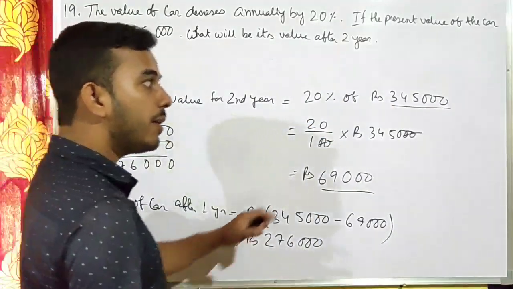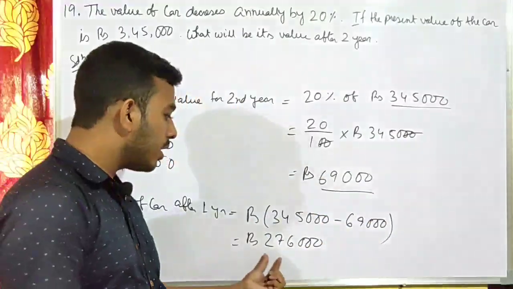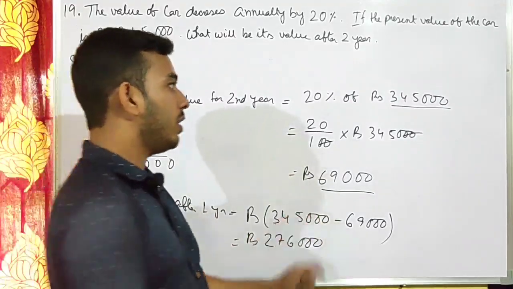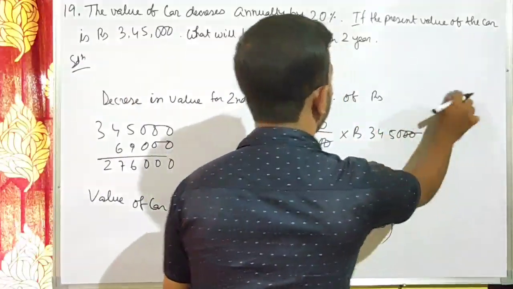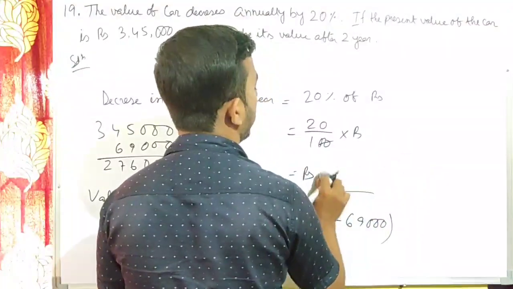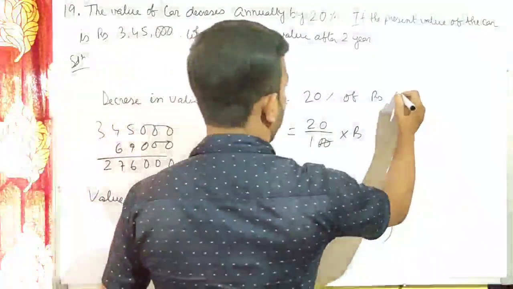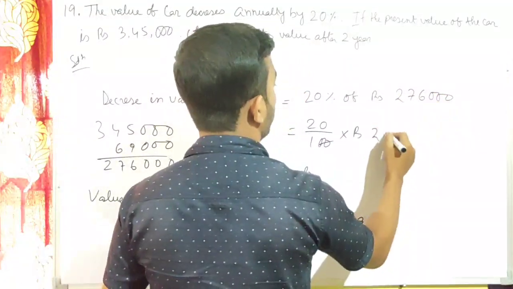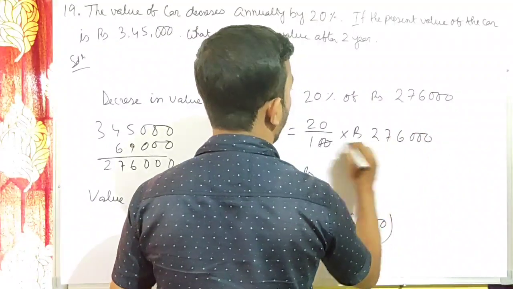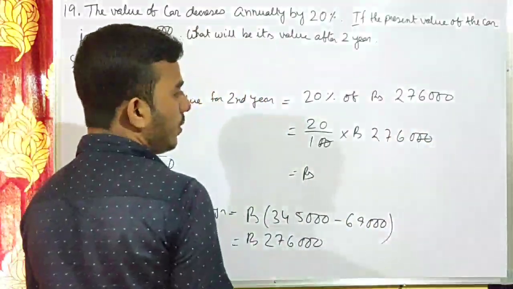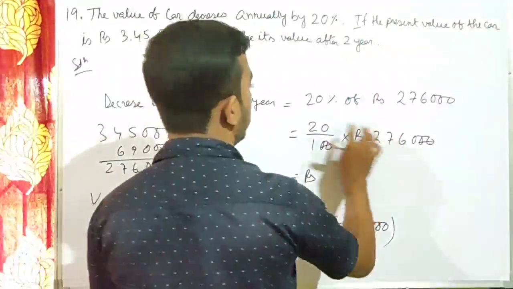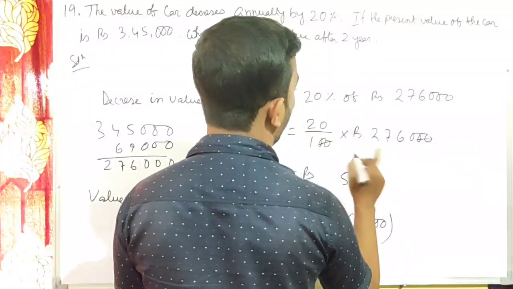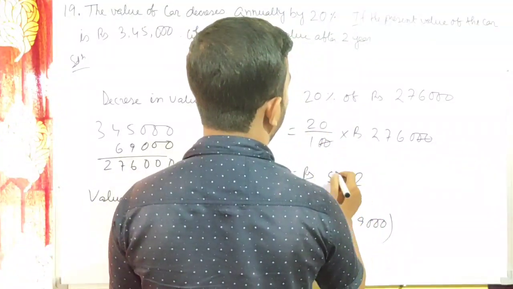In the first year the price came down, and then the value became ₹2,76,000. Now we take a further 20% decrease of ₹2,76,000. So here we write rupees 276,000. Now we have to multiply: 6 into 2 is 12, 1 carried; 7 into 2 is 14 plus 1 is 15, 1 carried; 2 into 2 is 4 plus 1 is 5.